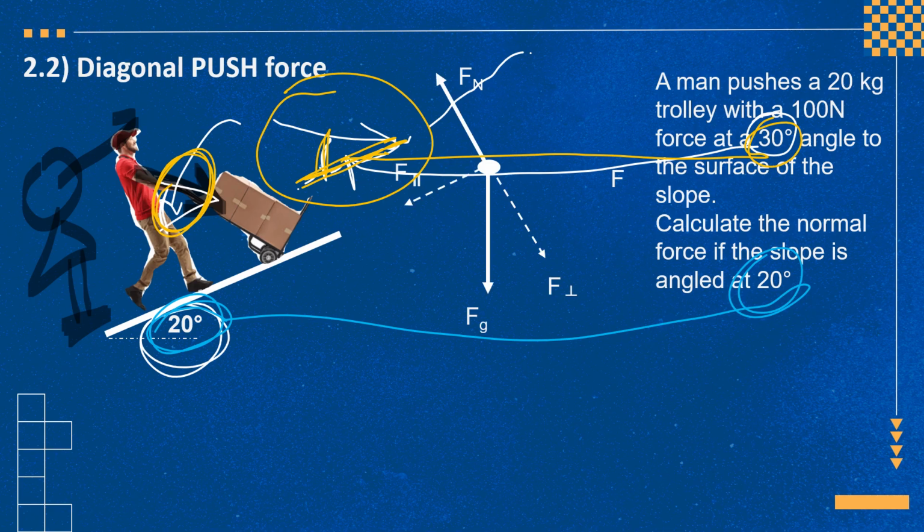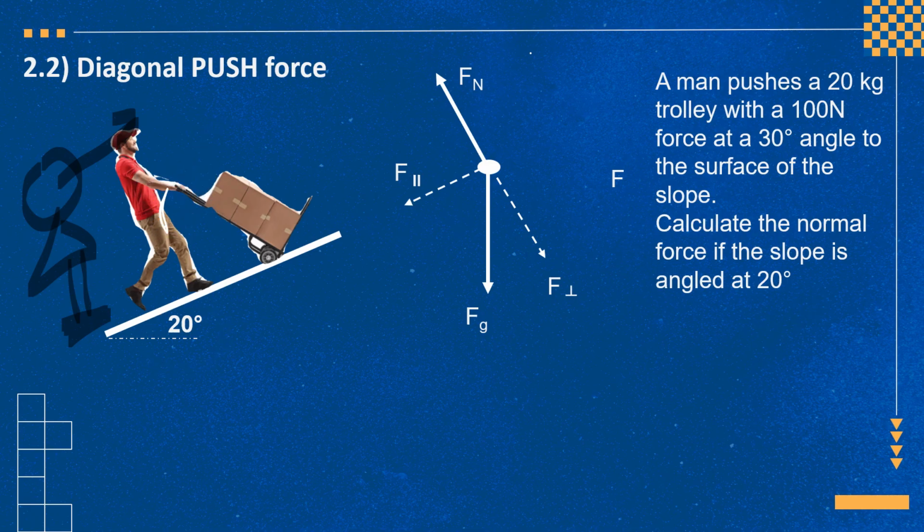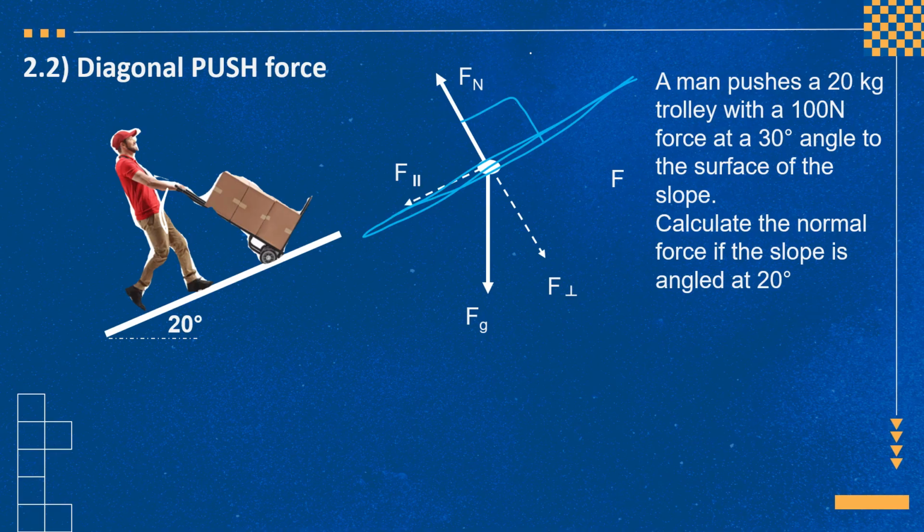Now we know that if we have this scenario and we have to draw the force diagram, then again, let me just add my surface. Okay, so there's my surface. My normal force is perpendicular to the surface, and I have my gravitational force. But let's add the yellow push force of this guy on the trolley.